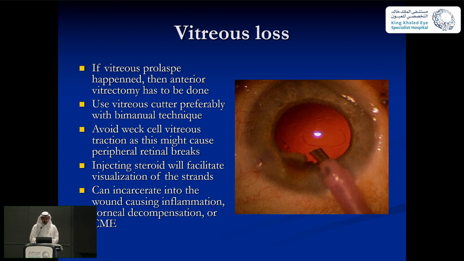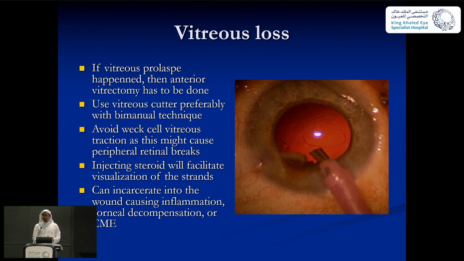Injecting steroid will facilitate the visualization of the strand. The vitreous is transparent, so you cannot see it, but you can have certain clues as to whether there is vitreous or not. One of them is seeing the borders of the posterior capsule rupture.